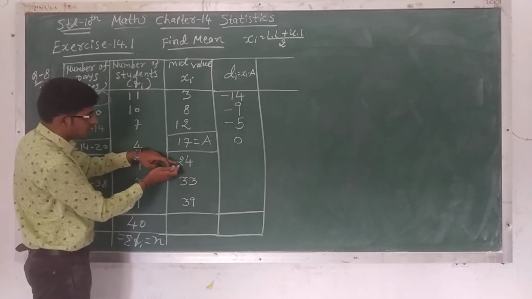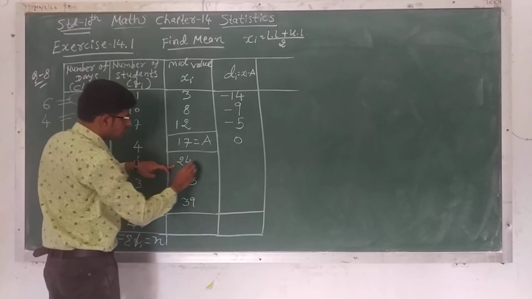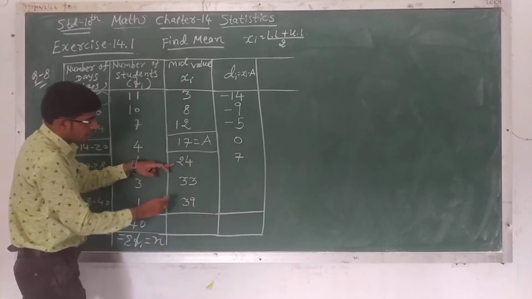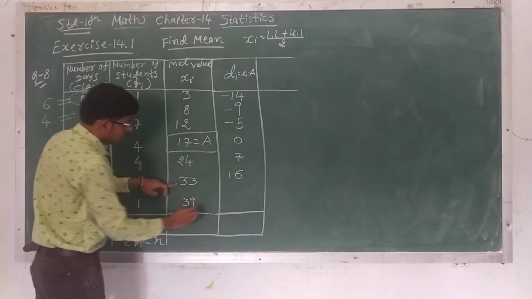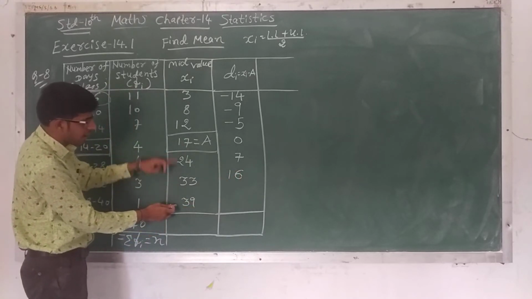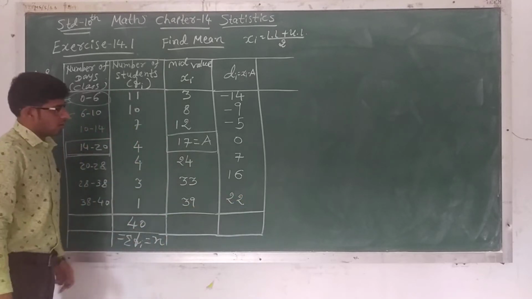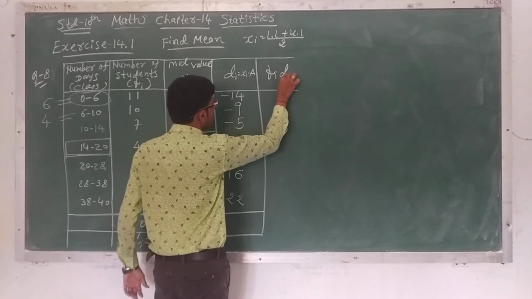Same thing, we subtract 24 minus 17, so 7. Next 33 minus 17, 16. Next 39 minus 17, 22.